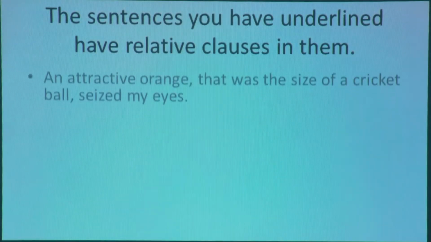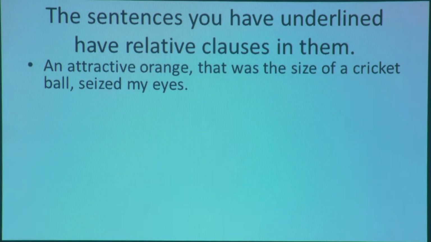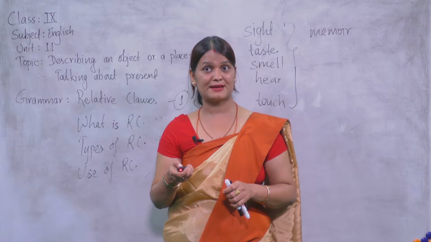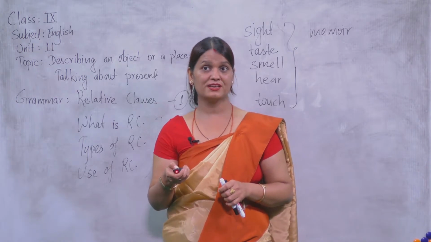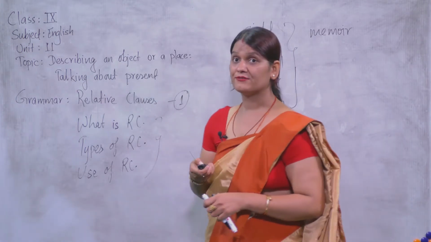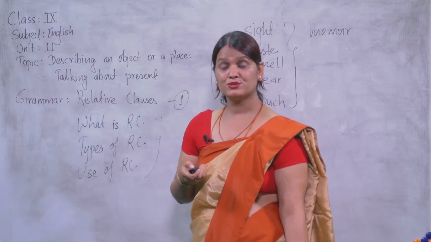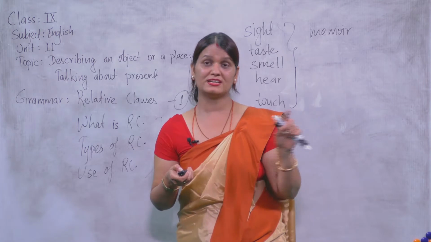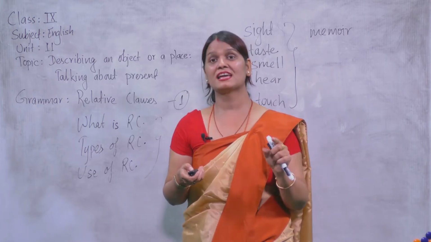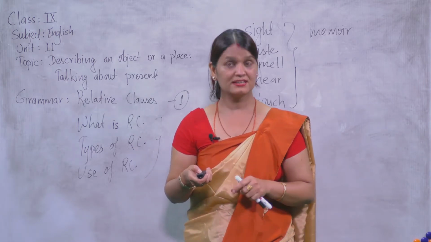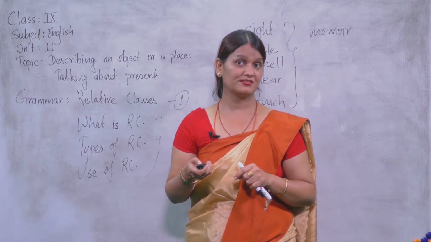Okay, this one, have a look. An attractive orange that was the size of a cricket ball seized my eyes. This is one example of relative clause. Okay, so you take 2 minutes time, I think it will be enough for you. Within these 2 minutes, you just go through the lines from the text, and then underline the sentences with relative clauses.